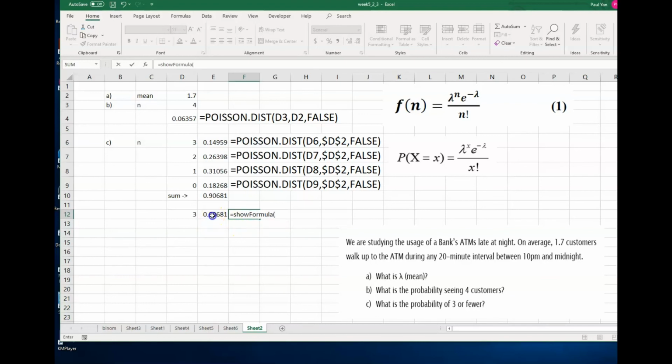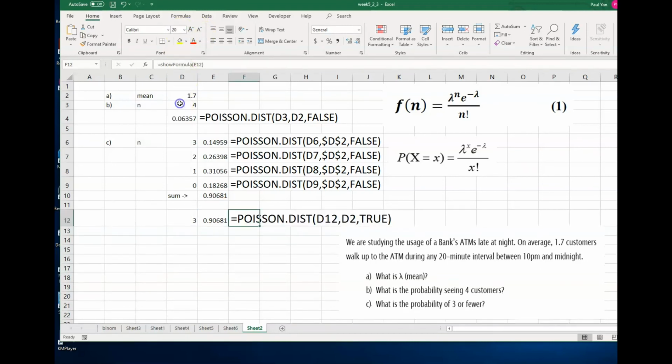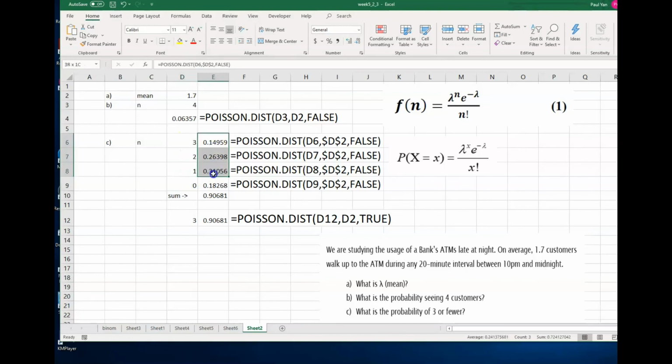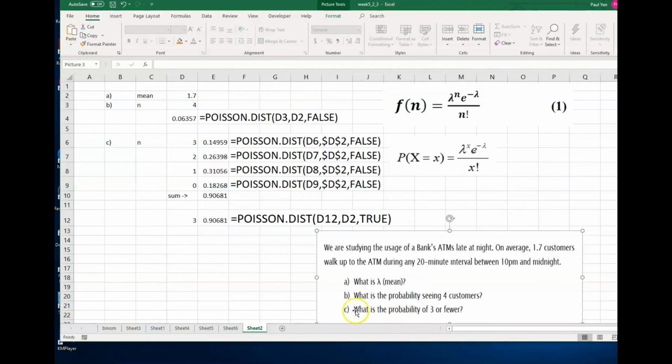Show formula. I'm going to make it bigger. So this is 3, 2, 1, 0. We add them together, so we answer question C: what is the probability of 3 or fewer?